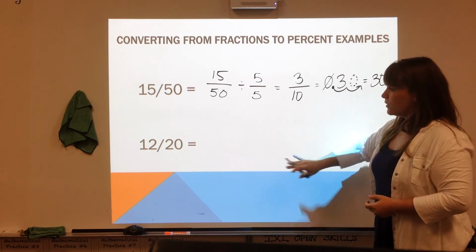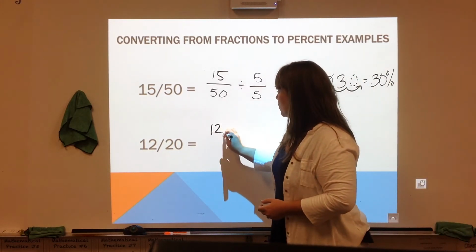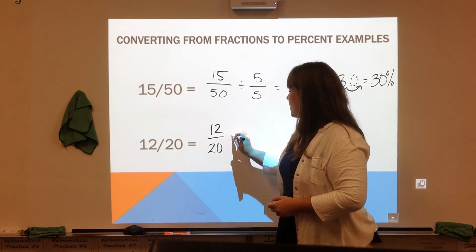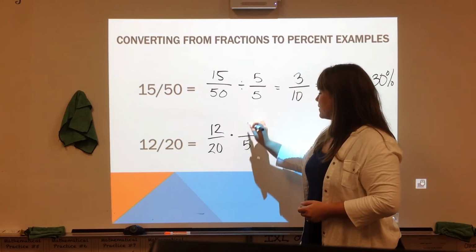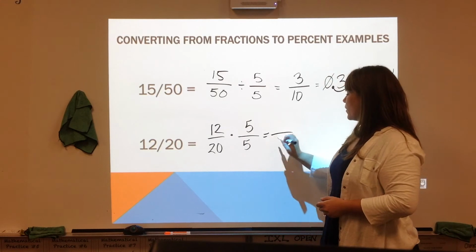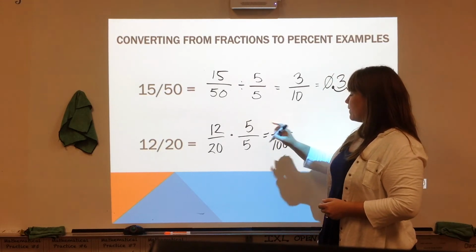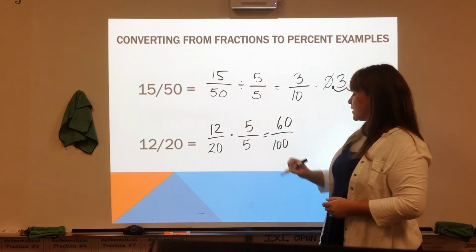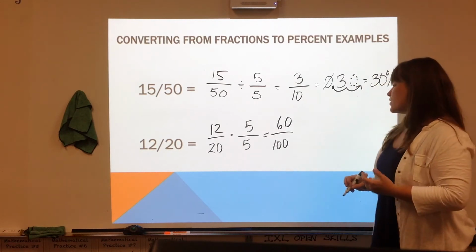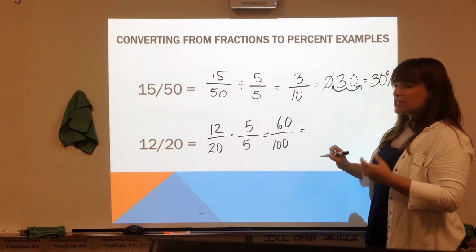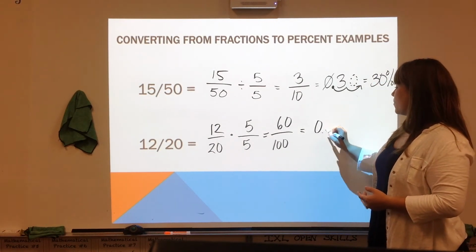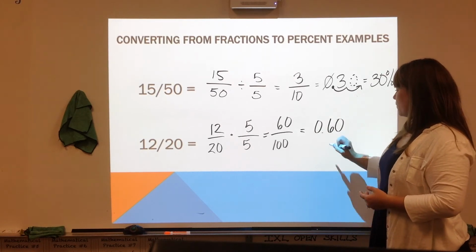First one done. This one, 12/20, I'm going to multiply this by 5 over 5 so that I get 100, and then 12 times 5 is going to be 60. So 60 over 100, 60 hundredths is 0.60.